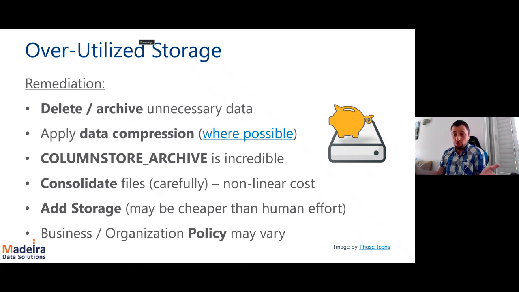That human effort could cost more money than it's worth. And as I said, storage is usually the cheapest component. And again, organization business policy may vary and it depends on your environment, but it is an important consideration.